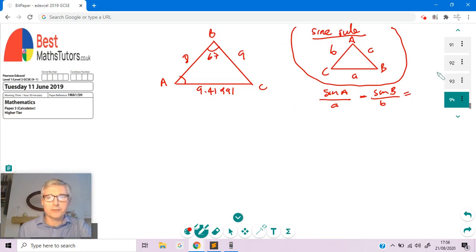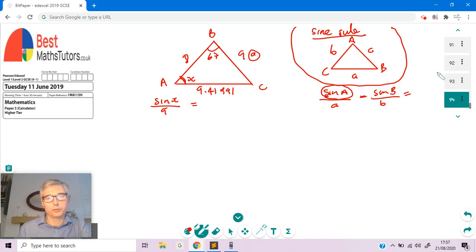We can apply that to this one, and this is handily now labelled correctly for us to substitute into this formula, because we are looking for the angle at A. We are looking for this one. I'm going to call this x again, so we know what we're looking for. So sine of the angle at A, we put that into there: sine x, because our angle A is actually x now, over the length A. This is our length A here, because it's opposite the angle A, and that's 9.